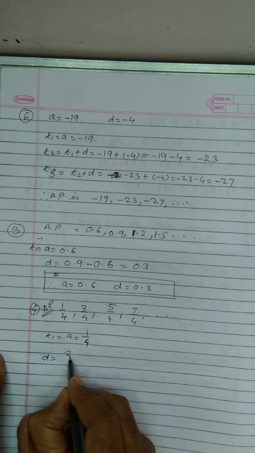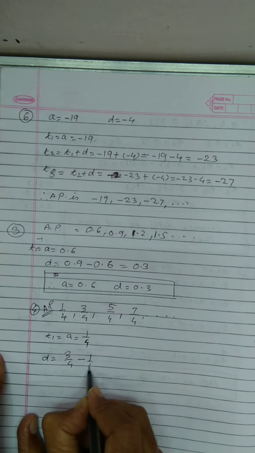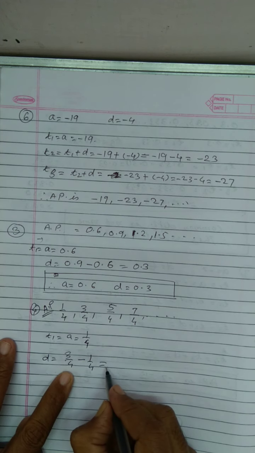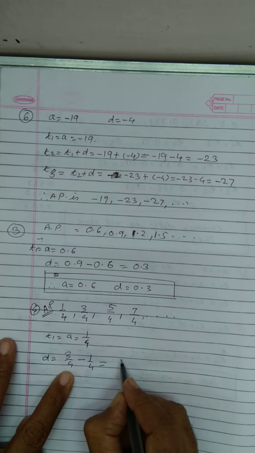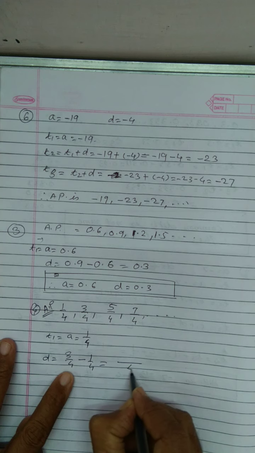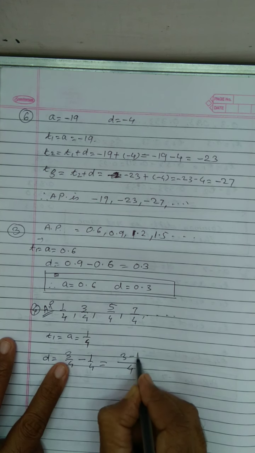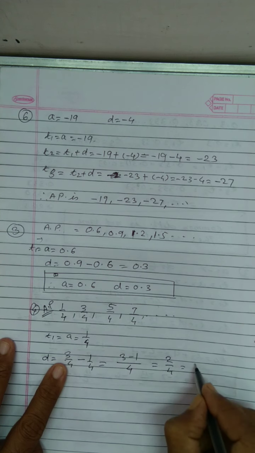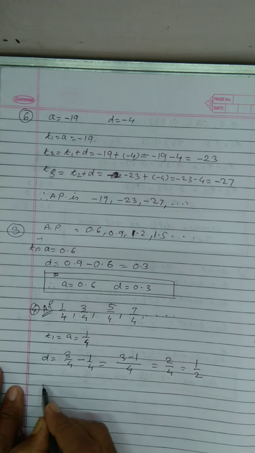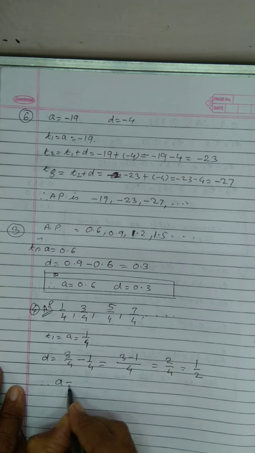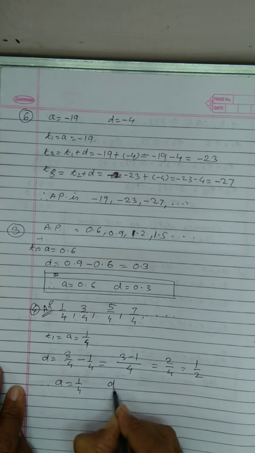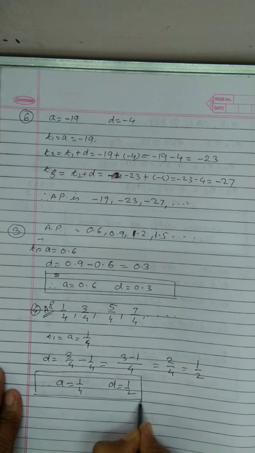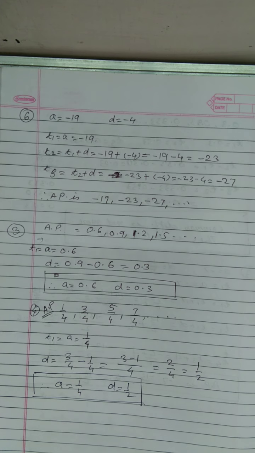D is equal to 3 upon 4 minus 1 upon 4. The denominator is the same, 4, 3 minus 1 is equal to 2 upon 4, hence by simplifying we get 1 upon 2. Hence the first term A is equal to 1 upon 4 and D is equal to 1 upon 2. That is our final answer.